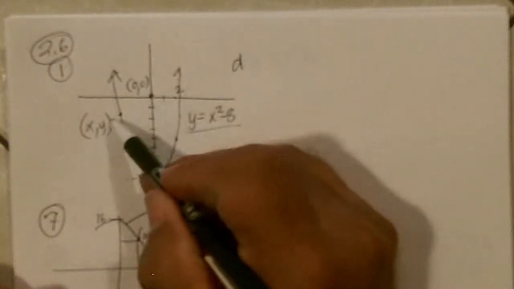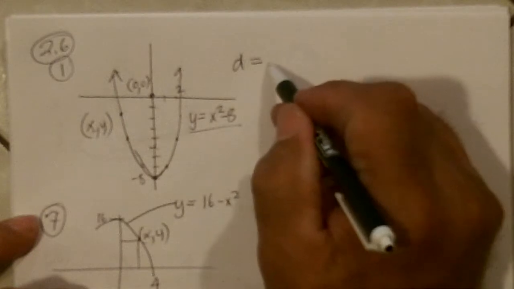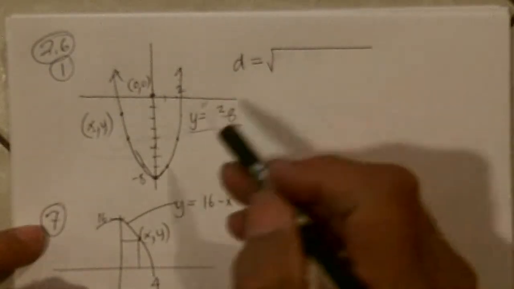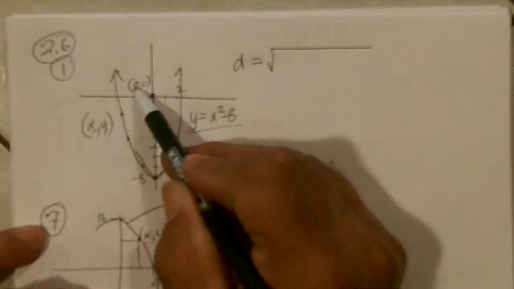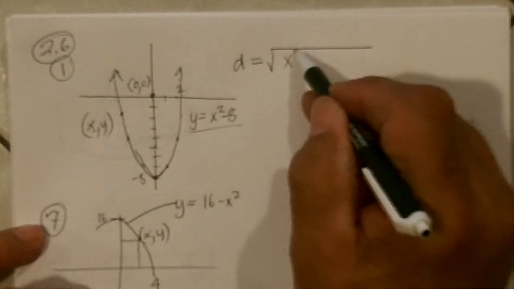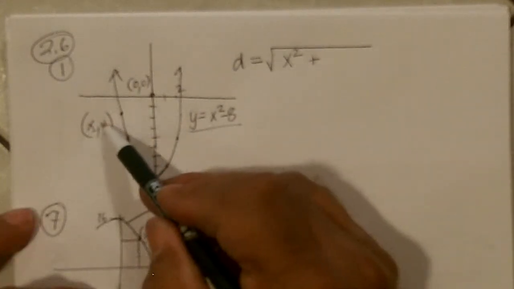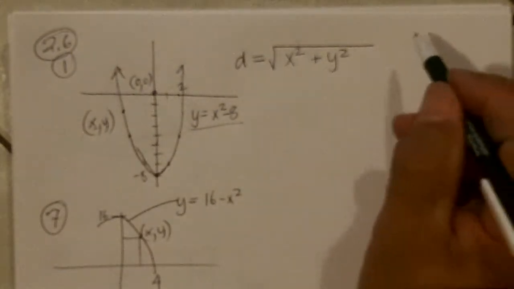Any point on the curve could be (x, y), and the distance formula says it's the square root of the changes in x. So I find the difference in the x's, x minus 0, which is just x squared, plus the change in the y's, which is y minus 0, or y squared in this case.